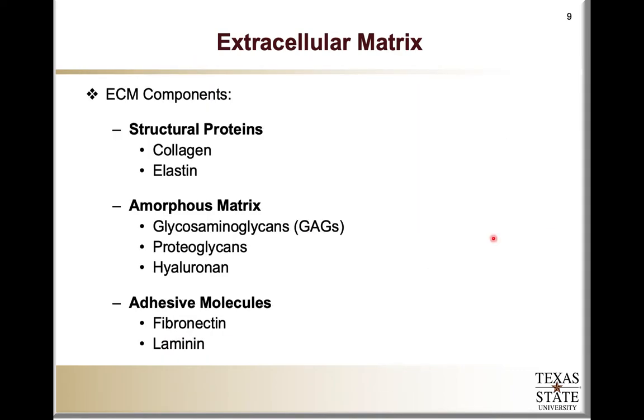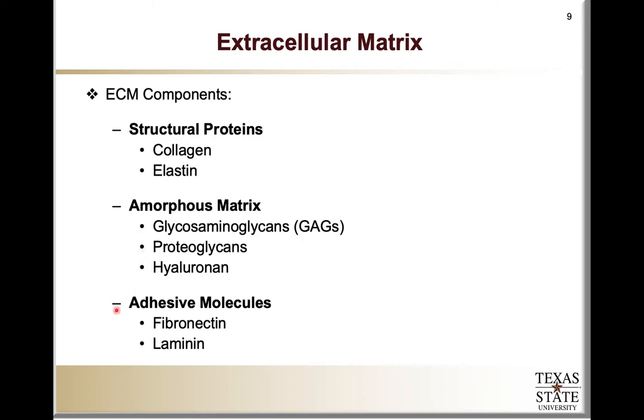All right, so the extracellular matrix is going to have three main types of components. One of them is structural proteins that are basically going to provide most of the mechanical strength to the material. Those structural proteins include collagen and elastin. We're going to have an amorphous matrix, which is the material responsible for the gel-like properties of our tissues, and that is going to be composed of glycosaminoglycans or GAGs, proteoglycans, and hyaluronan.